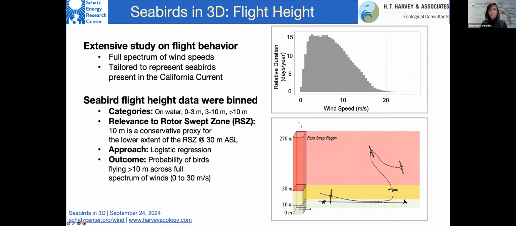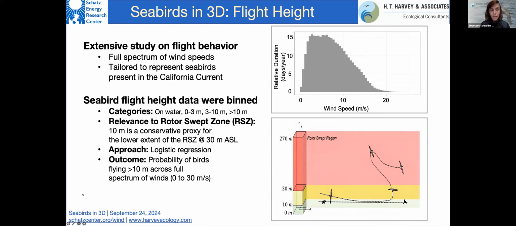We were thinking about 10 as a height we can easily say birds are above or below. So all our predictions are above or below 10 meters, but that doesn't mean it doesn't represent above 30 meters. Some of the birds are predicted virtually to never go above 10 meters, so those birds also won't go to 30 meters.